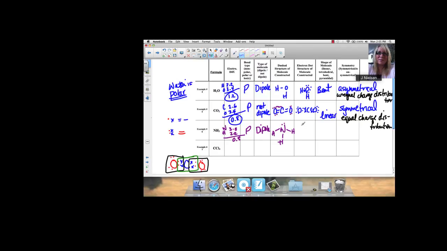Now if I were to draw the whole dot diagram, you'd see here's the N, here are the ones from the rest of the N. N's got 5, here comes an H, here comes an H, and here comes an H. Okay? This is pyramidal because you have the lone pair at the top. And it is asymmetrical.